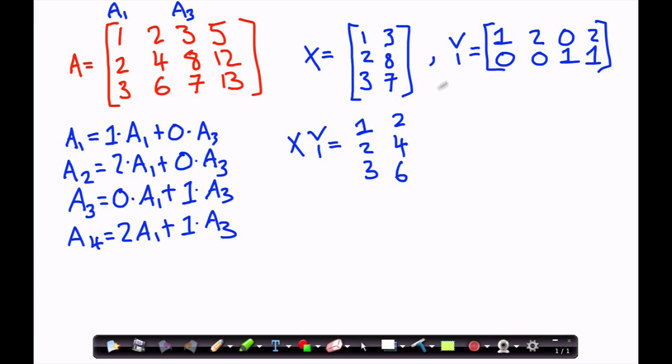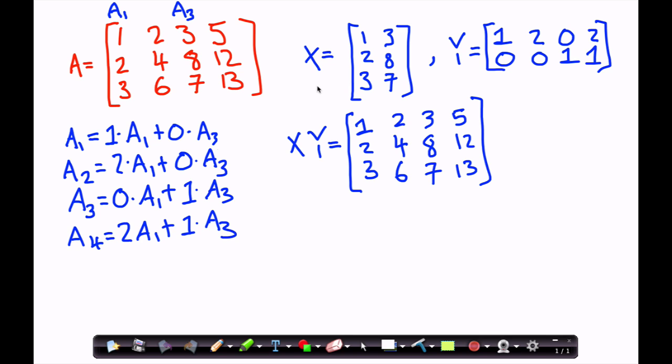The third column of X times Y is just going to be the second column of X, 3, 8, 7. And now the fourth column of X times Y is going to be 2 times the first column of X plus the second column of X. So that's going to be 5, 12, 13. So you see that X times Y is exactly our original matrix A.